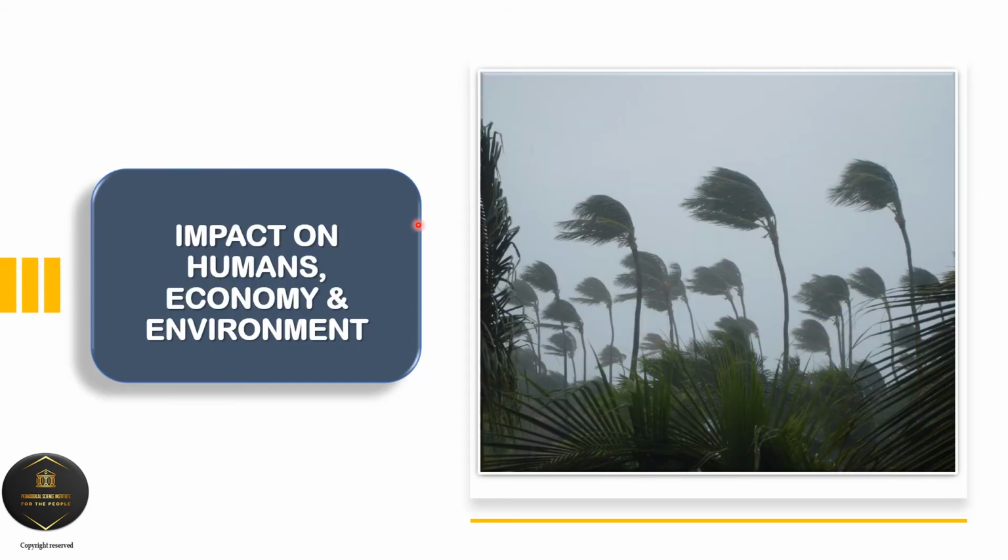So now I want us to think about the last part of our lesson, which is looking at the impact this system will have on humans, the economy, and the environment. Now remember, for all the topics, you'll be expected to be able to identify the impact. Are we fine with that? And remember, I said the impact may be positive or it may be negative.